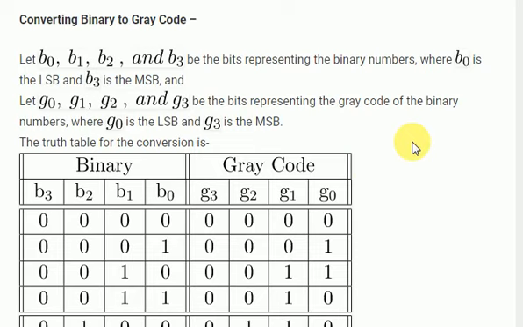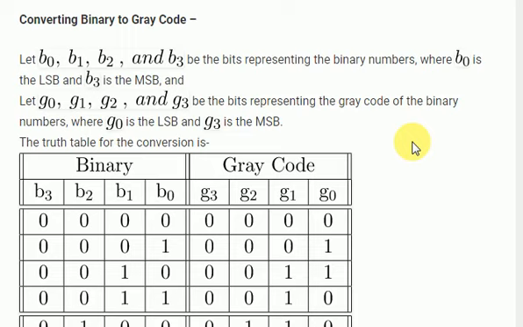Now we will have the truth table for converting binary into gray code. Let's suppose at the input side we have the binary, with 4 inputs B0, B1, B2 and B3, and at the output side we have the gray code with outputs G0, G1, G2 and G3.